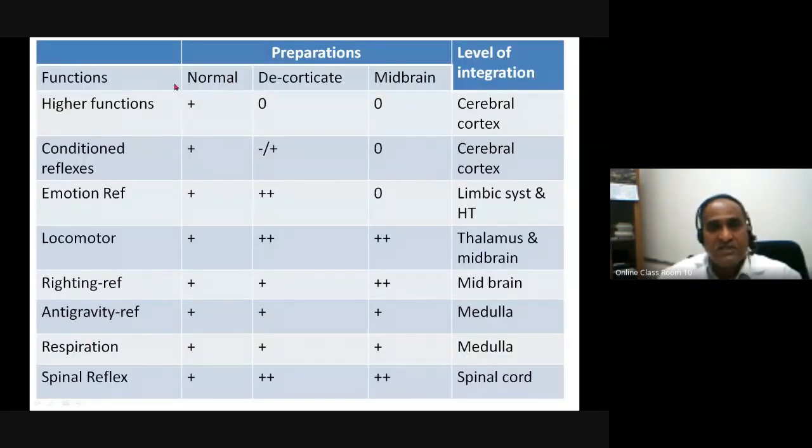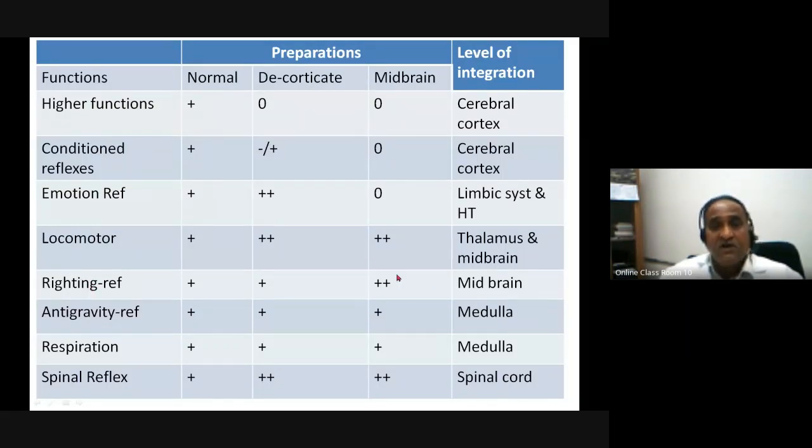Now I have put this table here. It's a decorticate. Already I explained what happens in the midbrain animal. Higher functions are lost because the cerebral cortex is out of condition. Reflexes cannot be established because they require the cerebral cortex. Emotions are not there because the hypothalamus is missing. The locomotor activity is partly exaggerated.